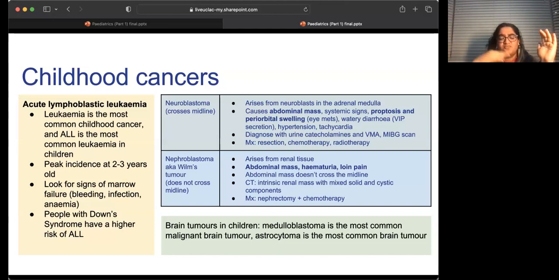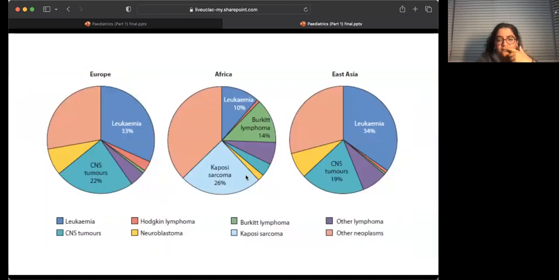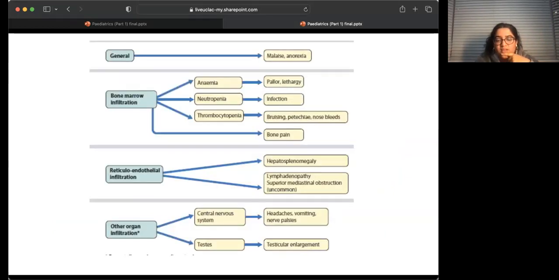And PassMed has this really nice table with all the brain tumors and lots of their histopathology, and you can learn that if you want, but I've not seen a question on it in any of the UCL banks for 5th year. There may be a question on brain tumors, but not necessarily what type of cell is seen. And then this is just a chart. I don't think it's worth your time.